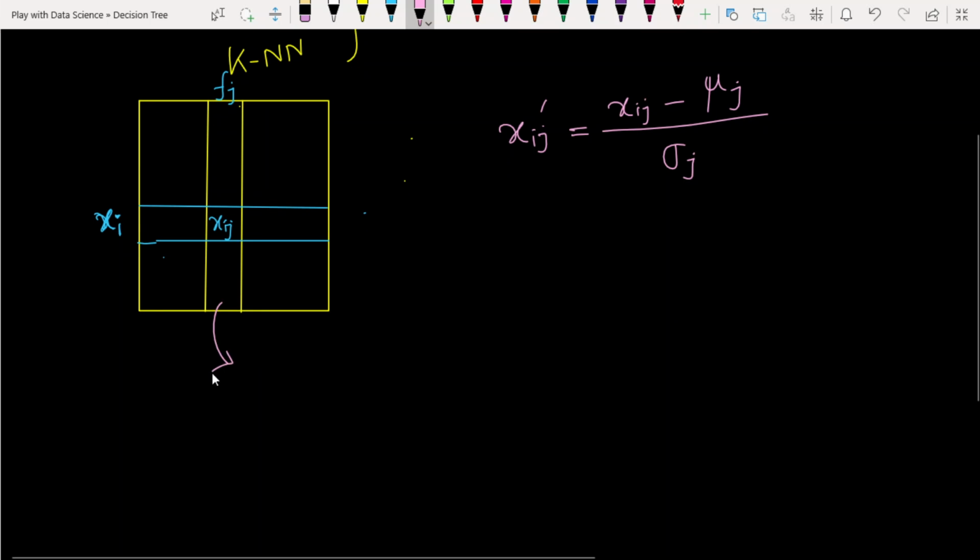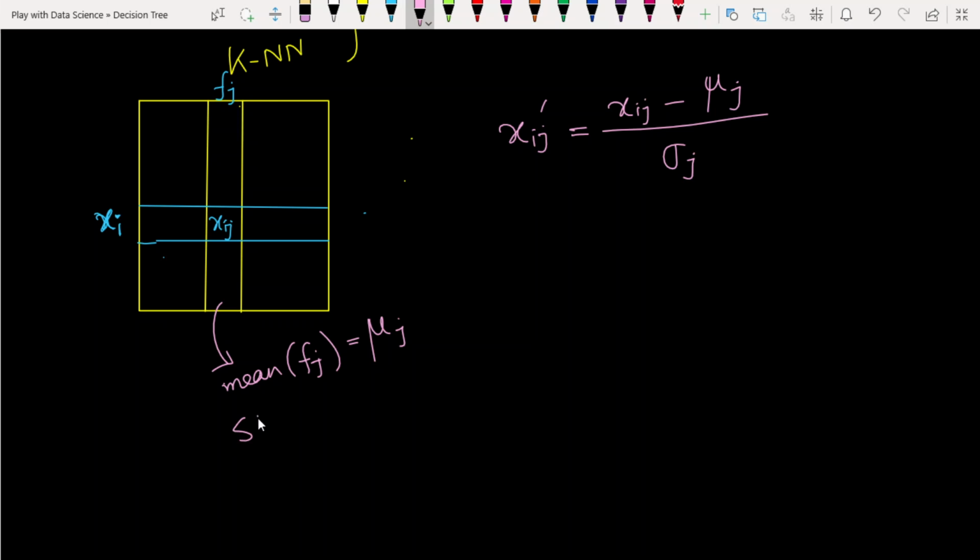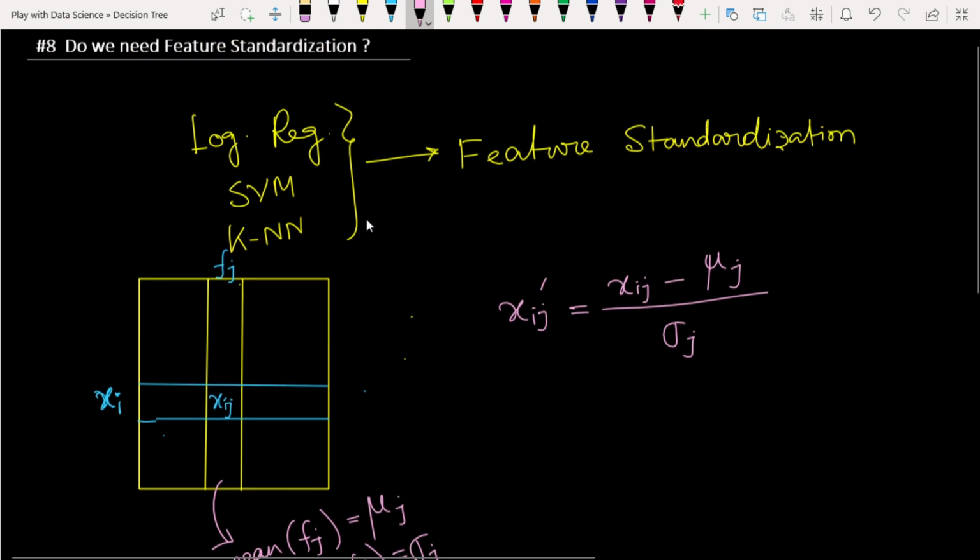Mu j is simply the mean of the values of this feature fj, and the standard deviation of fj is called sigma j. We have already seen this. Using this technique, we have standardized our features.